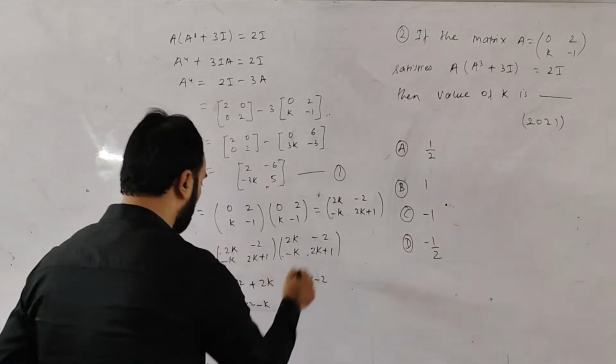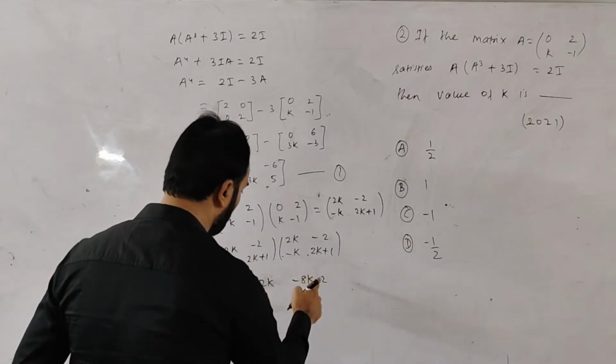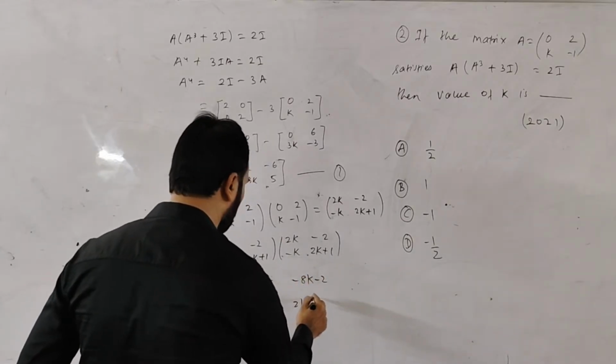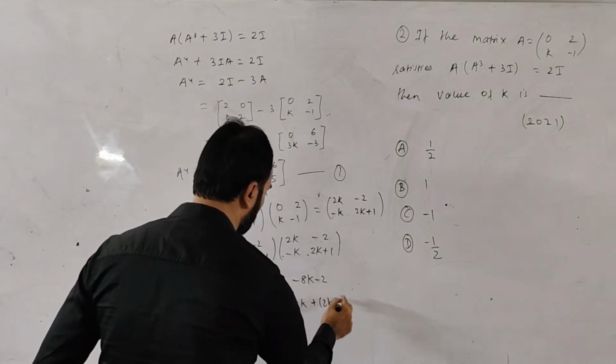Last entry is 2k plus 1 whole square, plus 2k plus 1 whole square.